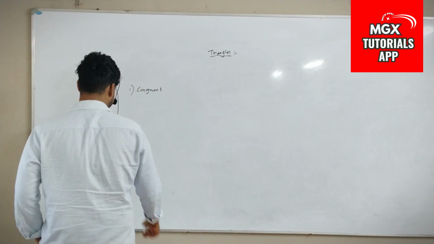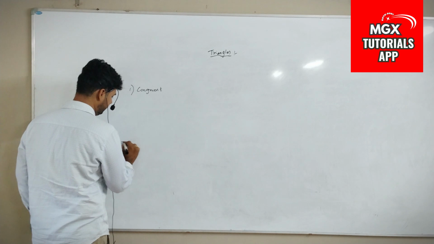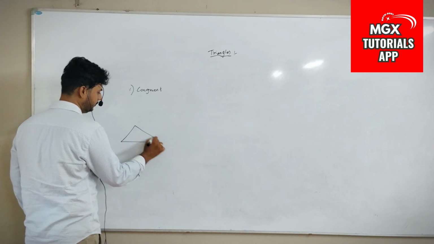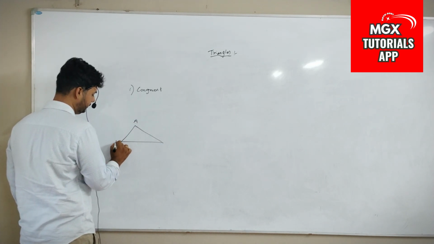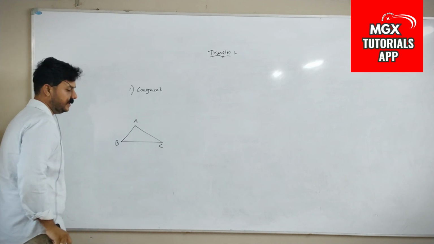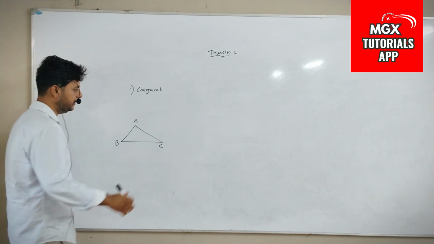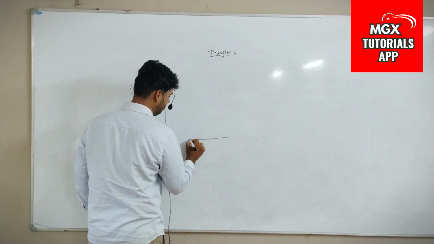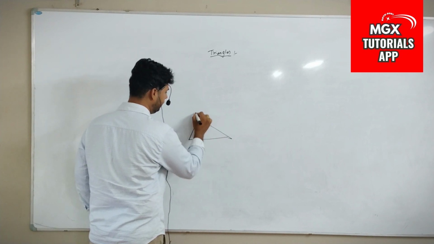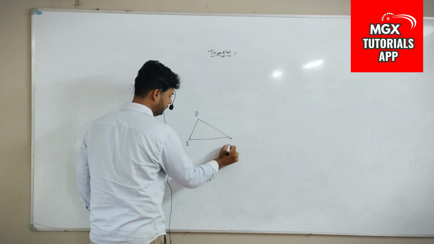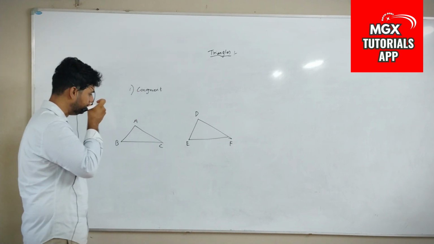So what he's saying is, if I take one triangle, let it be ABC, and if I take one more triangle, DEF.